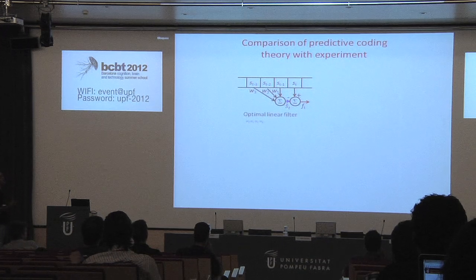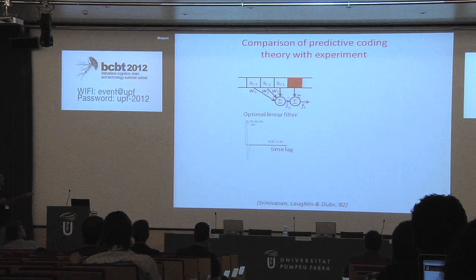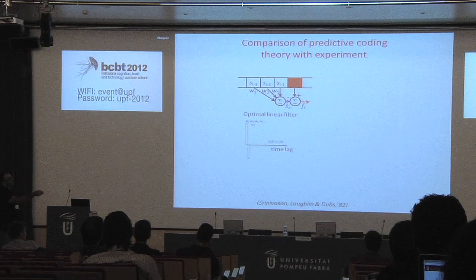And the way we can do it is by looking at the impulse response. You present a delta functional stimulus to the system, like a flash of light, which is this red square, say, at time point t. And that flash of light, of course, is transmitted with unit coefficient, so you're just going to have a spike.